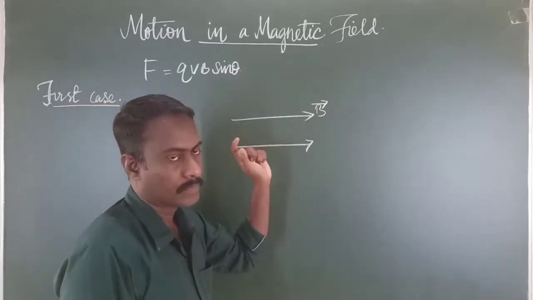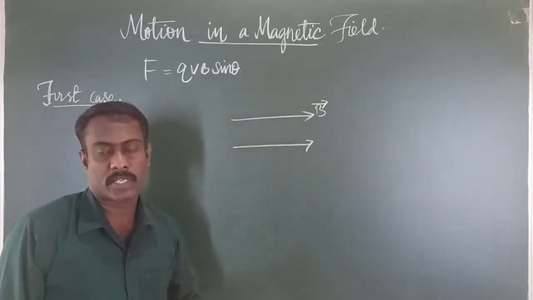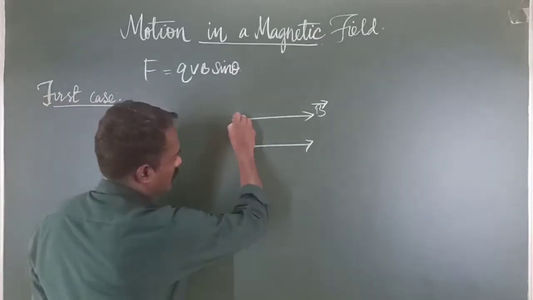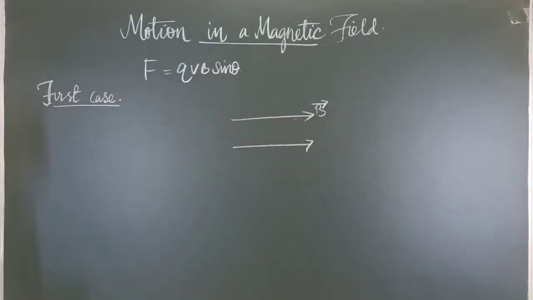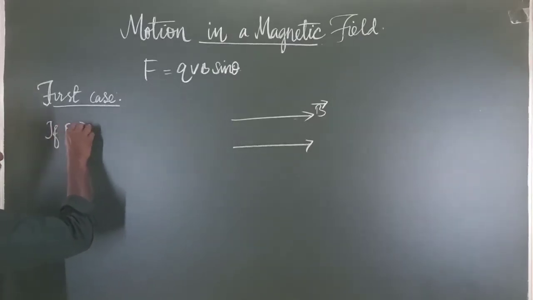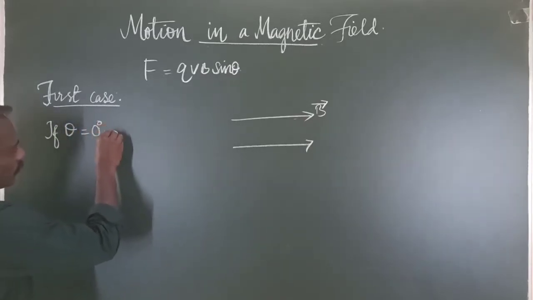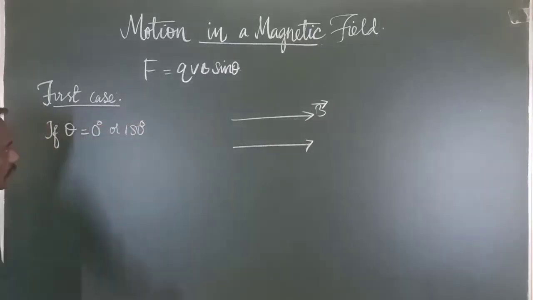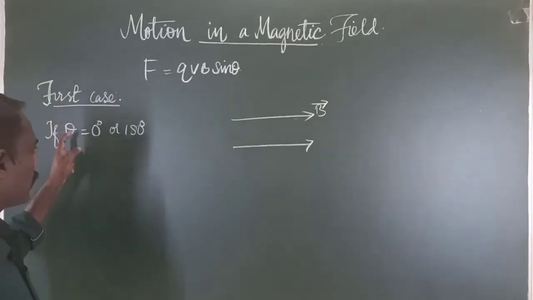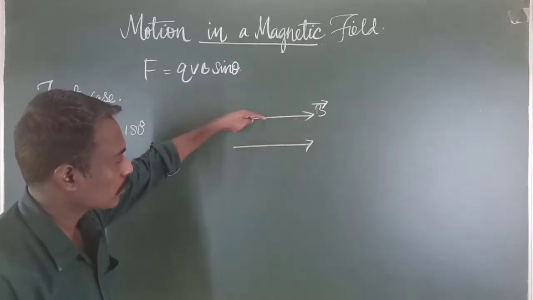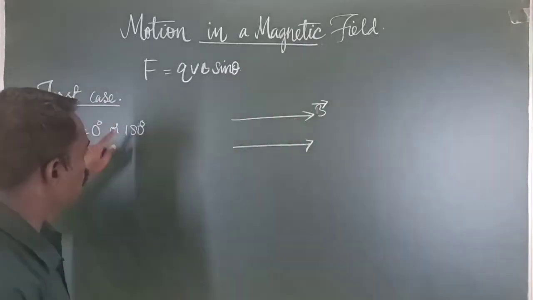That means theta, the angle between the magnetic field and the velocity of the moving charge, is 0 degree or 180 degree.